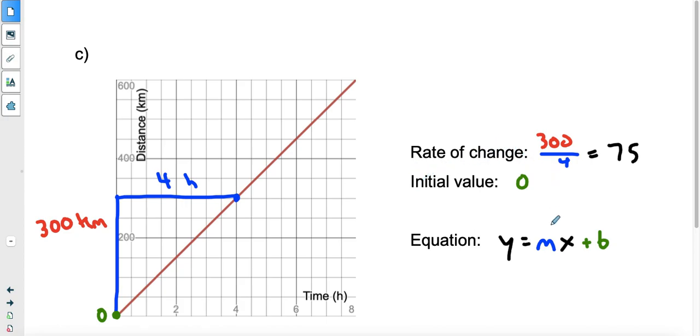So my rate of change, my m, is going to be 75. So in place of m, I'm going to plug in 75. And in place of b, I have 0. So in place of my b value, I'm going to put in 0.